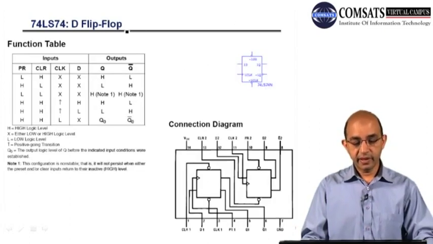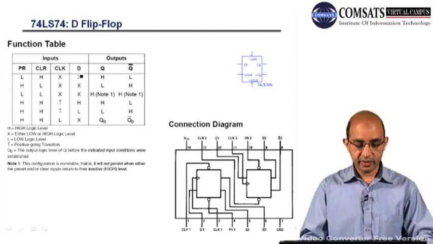This is the integrated circuit, IC, for D flip-flop. Here you can see that we have 74LS74, and we have inputs and outputs. The difference over here is something we have not discussed so far: preset, clear, clock, and D, and Q bar.